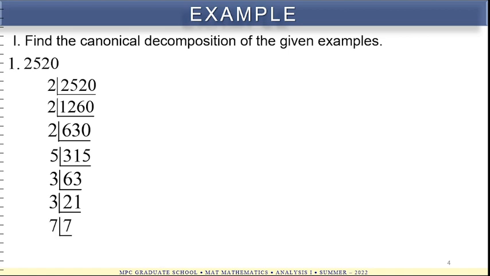Then 7 divides by 7, the answer is 1. And for this example, the canonical decomposition here is 2 cubed times 3 squared times 5 times 7. And as you notice, our canonical decomposition is in numerical order or in increasing order.